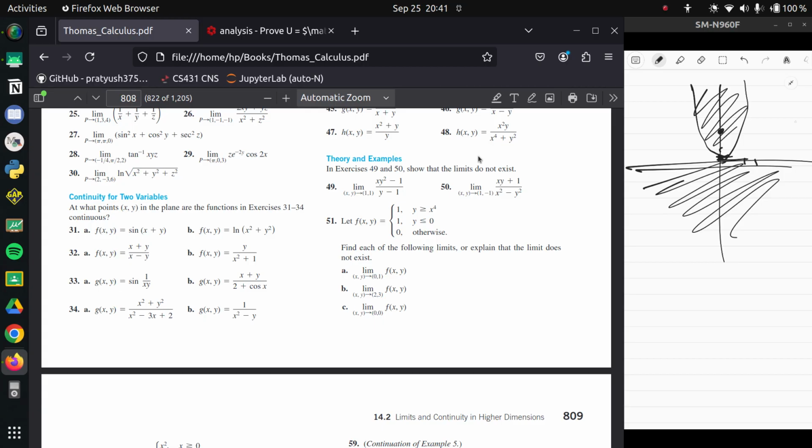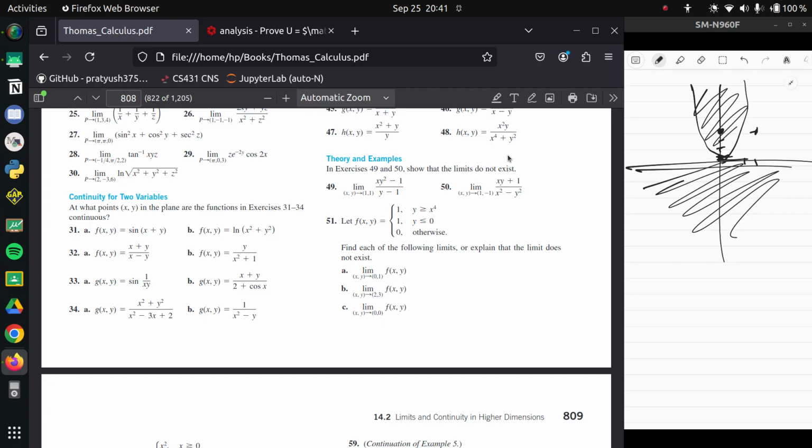The value of y is 3, the value of x power 4 is 16, much higher than y. So it's not in the y greater than or equal to x power 4 region, it's actually much lower than that, and at the same time it's not y less than or equal to 0. So it's 0 everywhere around it.